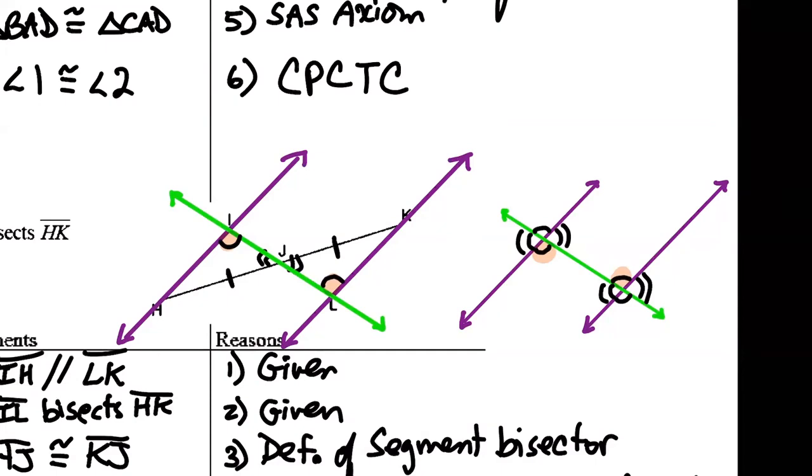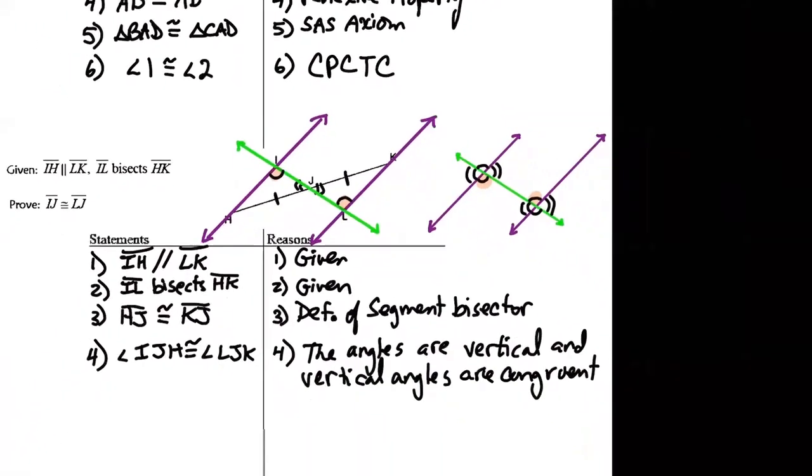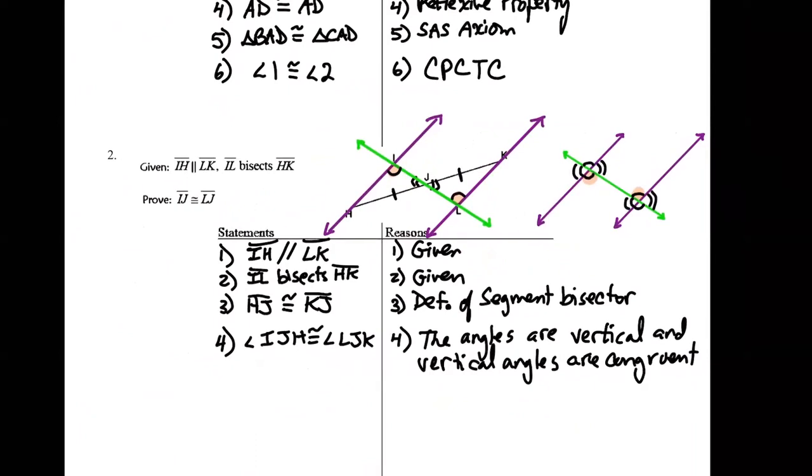They're on opposite sides of a transversal, so they're alternate, and they're between the parallel lines, so they're interior. So I can now say that angle HIJ is congruent to angle KLJ, and that's because it's a lengthy reason, but if two parallel lines are cut by a transversal, the alternate interior angles are congruent.